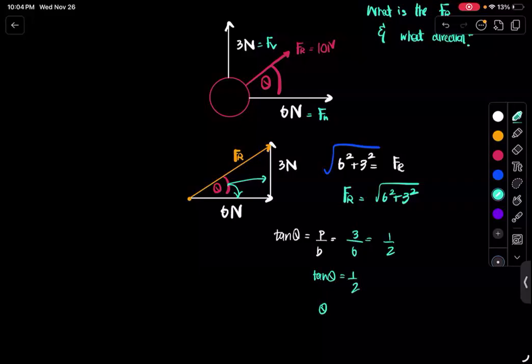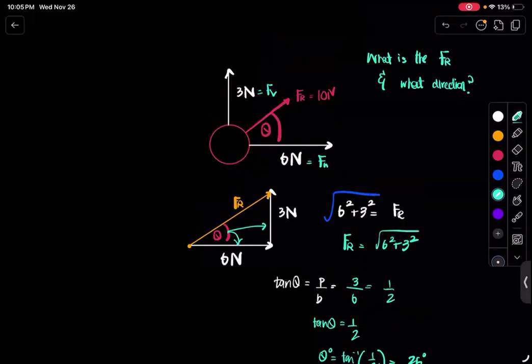You take tan inverse. Theta is equal to tan inverse 1 over 2, and tan inverse 1 over 2 is going to be 26 degrees. So that means the ball is going to move in this direction at an angle of 26 degrees with the force of 10.